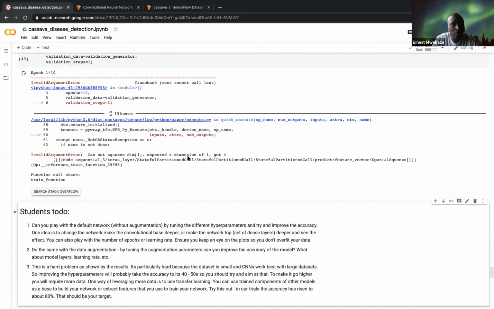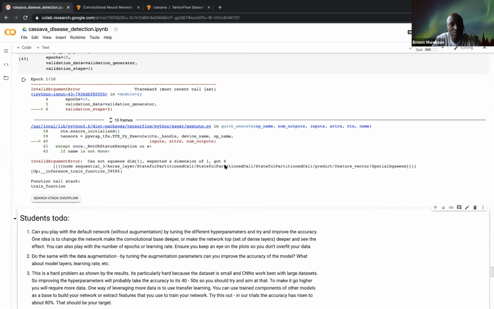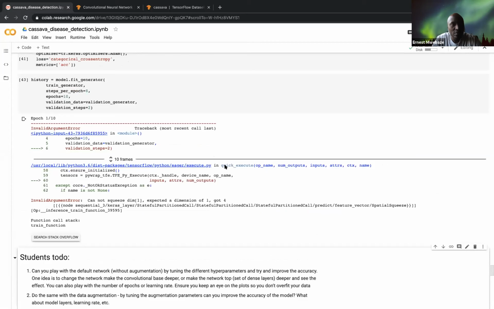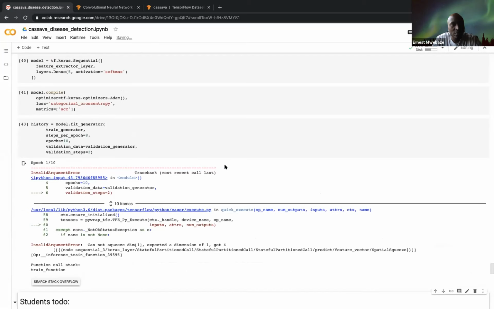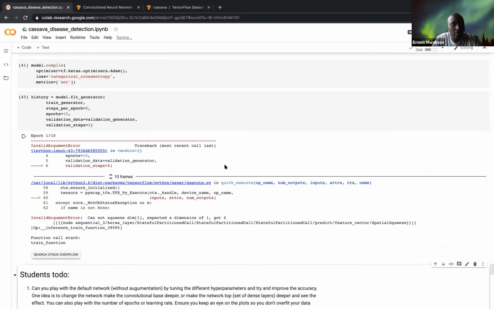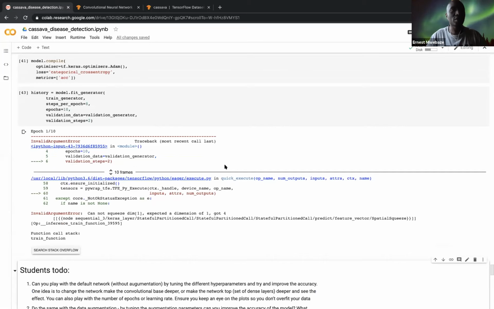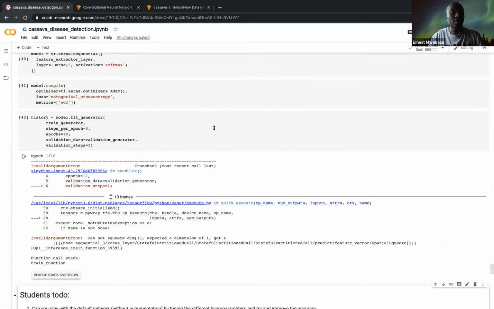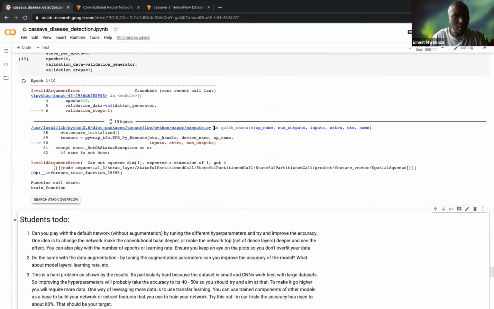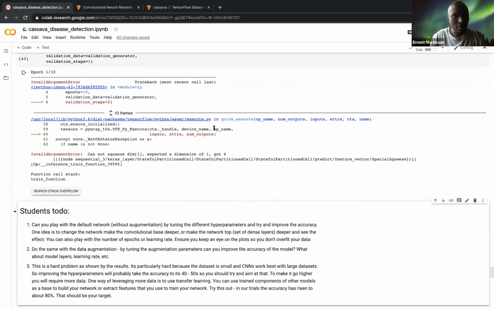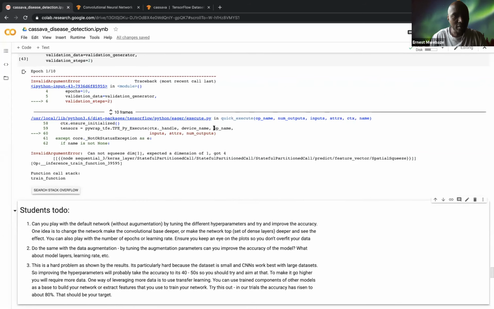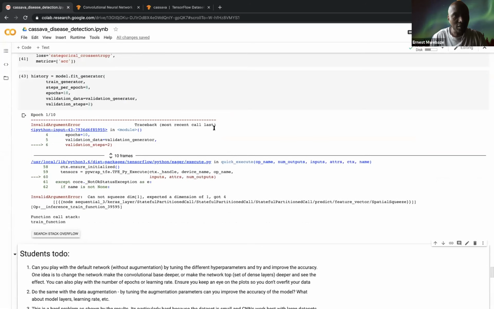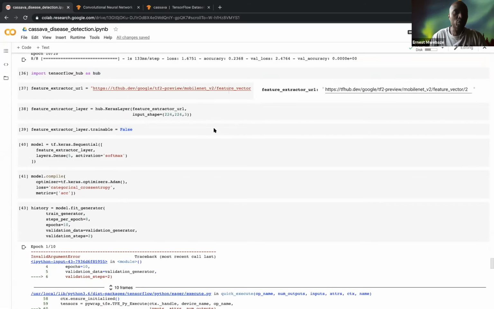Expected dimension of 1. Right. Okay, we can sort of work on this and figure it out and clear what the problem is. Train call. Okay, we can work on this.